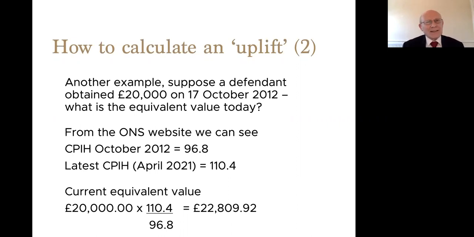And here, as I say, although I've called it an uplift, it isn't really an uplift at all, is it? It's a maintenance. What we're saying is that if we maintain the value that £20,000 had in October 2012, we would need £22,809 today.